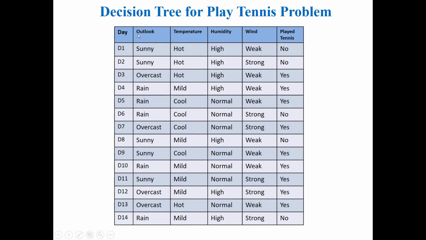We will consider this database having 14 samples of these attributes: outlook, temperature, humidity and wind, which are the input features, and the output feature, that is the target variable, is played tennis. The player will play tennis or not, that is no or yes.